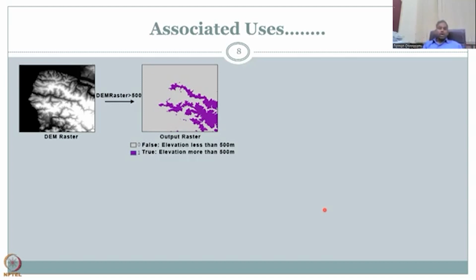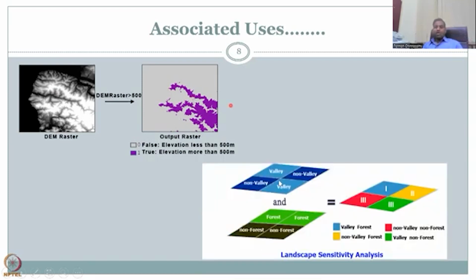So now you have a DEM, and then you say let me take each pixel and put a filter saying that only elevation above 500 meters should be allowed to pass through the filter. So now a DEM which has all elevations is passed through, and then you can have only the high elevation, so above 500 meters. And now you have valley and non-valley, right?